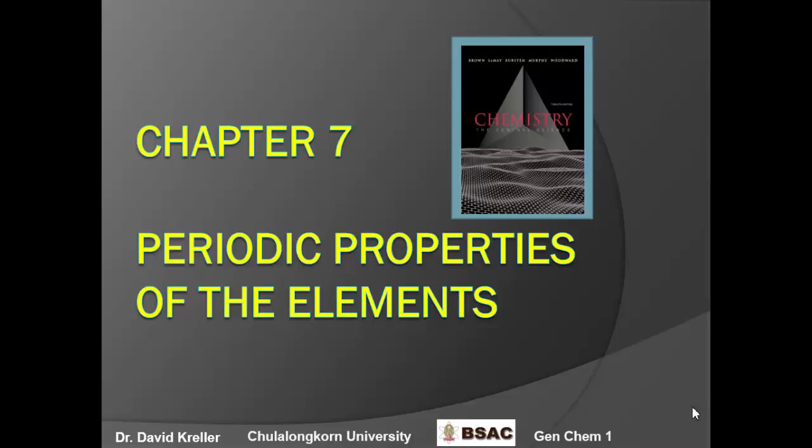That Chapter 7 is entitled Periodic Properties of the Elements. I admit that many of the graphics and materials used in this video presentation come from the publishers of that book, Pearson Prentice Hall.